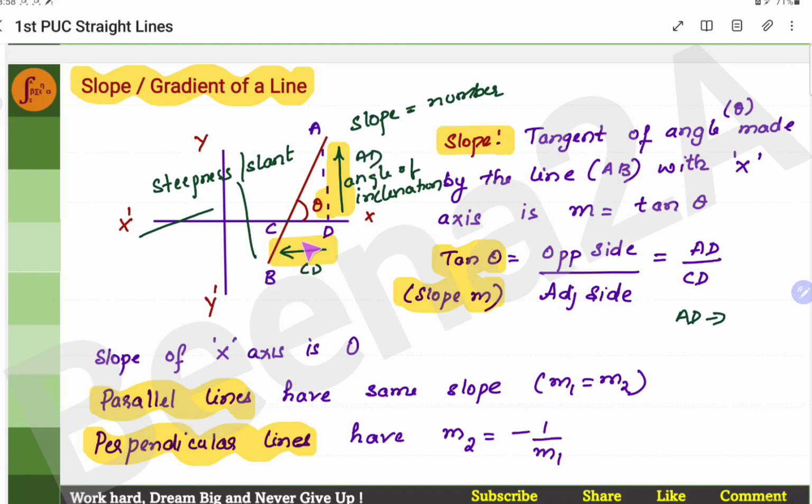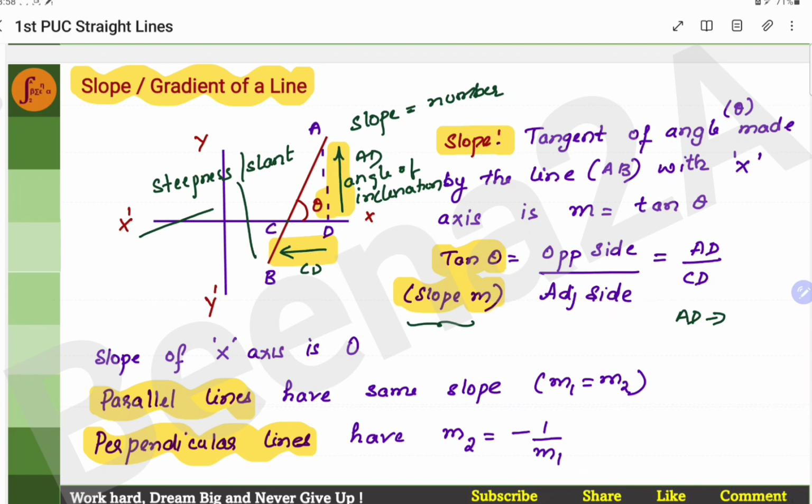Now if you look at this closely, this is nothing but the opposite side. If this is the angle of inclination, theta, then opposite by adjacent is nothing but tan theta. And slope is also tan theta itself. You can obtain slope by dividing the opposite side by the adjacent side. AD by CD will give you slope.